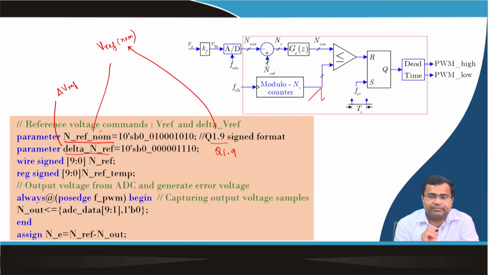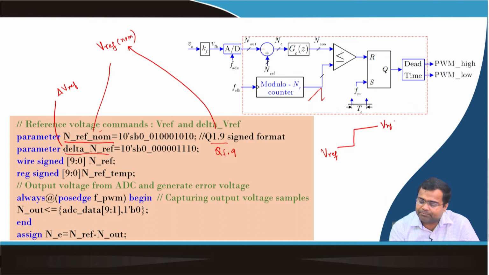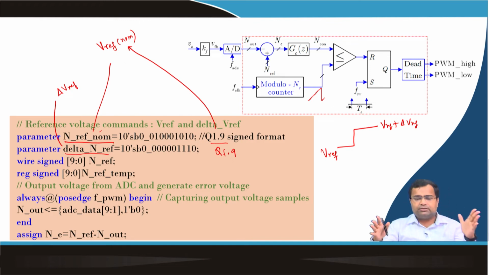So, why do we need it? Because you remember that in Simulink we used a step command, right. So, here it is like Vref to Vref plus delta Vref. When do you want this? If you want to make a reference transient, we can make a reference transient and check the response.